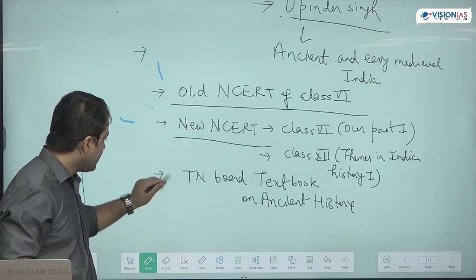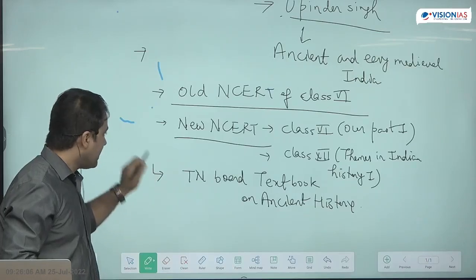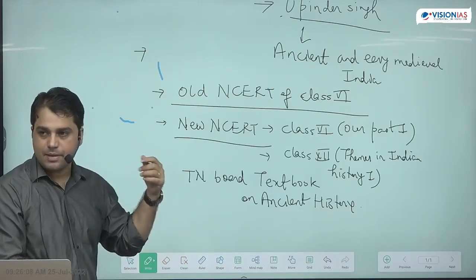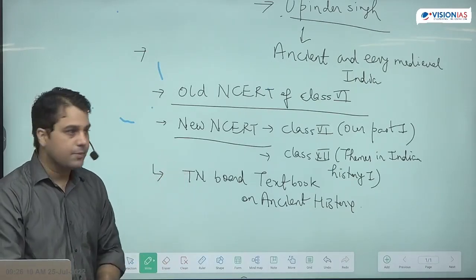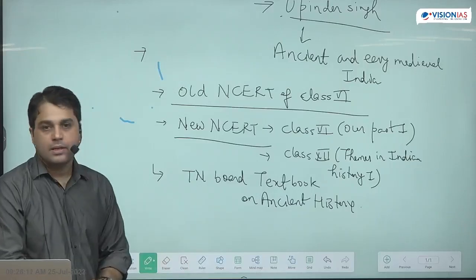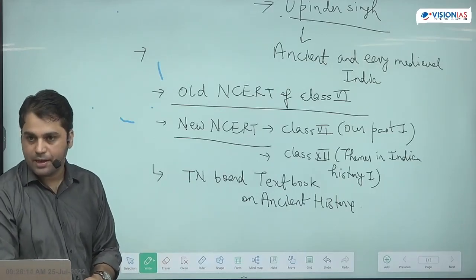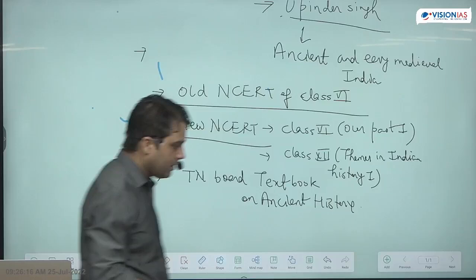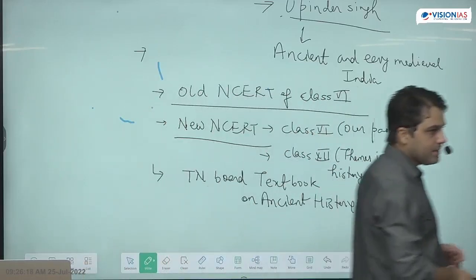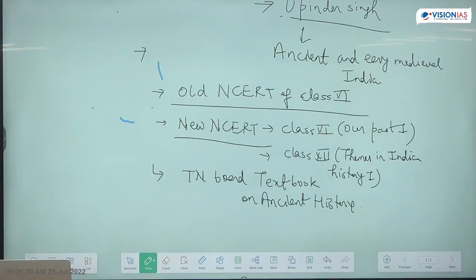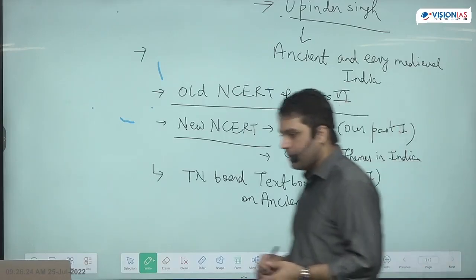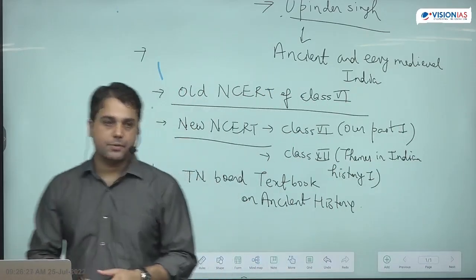The second source I will recommend is, let's say you feel that even R.S. Sharma is very bulky for you, very huge for you, then you can refer to the Tamil Nadu board textbook. I think that is a very well written textbook. Not as comprehensive as the earlier 2 sources, but definitely a very good textbook. So these are the sources which you need to refer to.